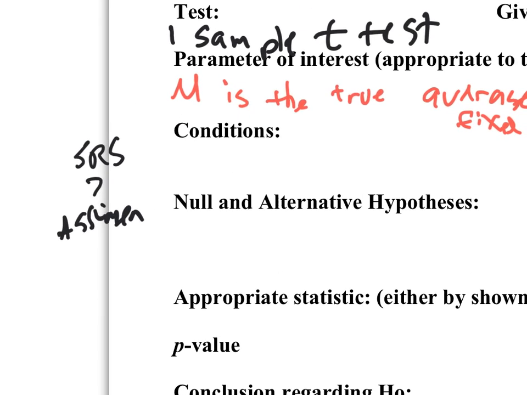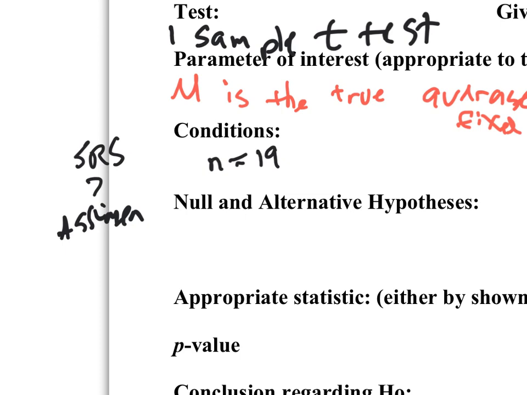Now, the next condition has to do with my n. N is equal to 19, right? What must be true with 19? 19 is bigger than 15, so I don't really care about outliers, but it's not as big as 30, so I still need to look at maybe my skewness.